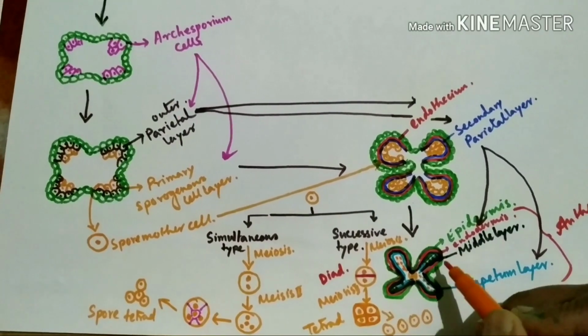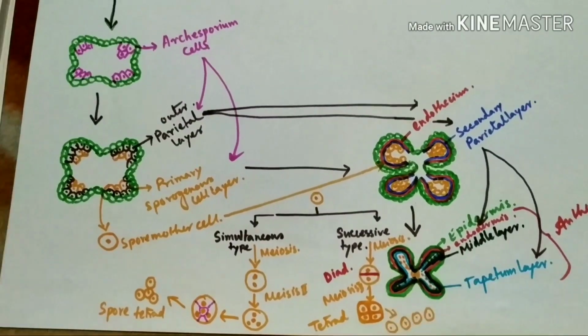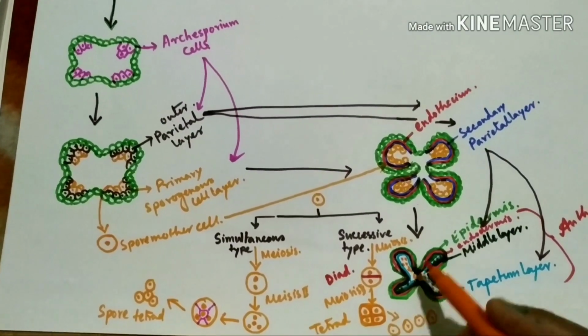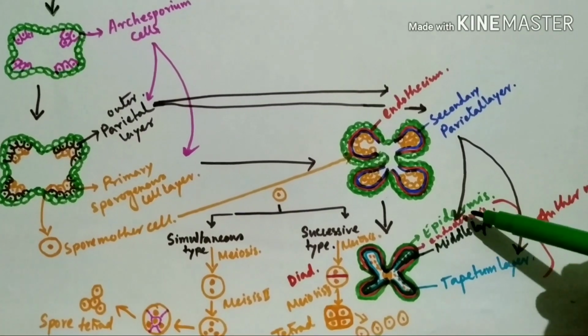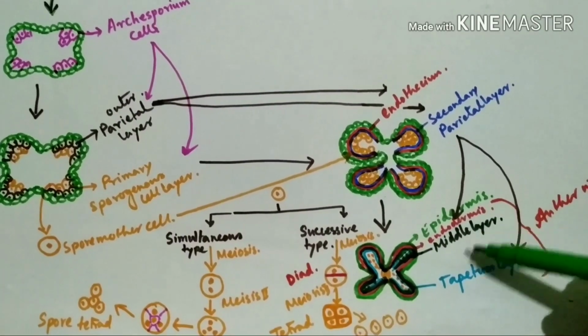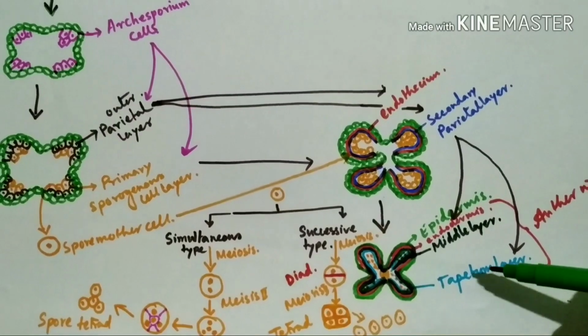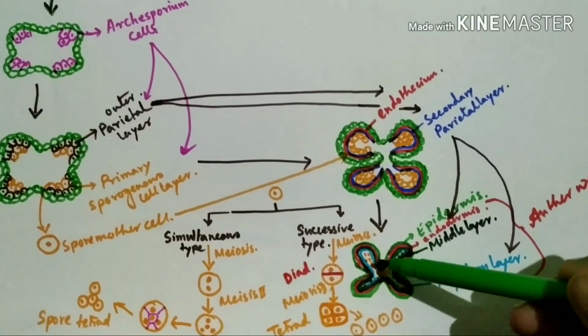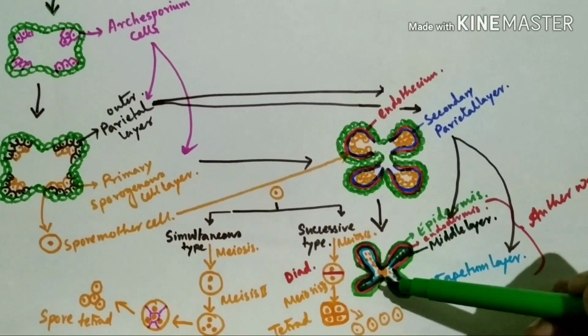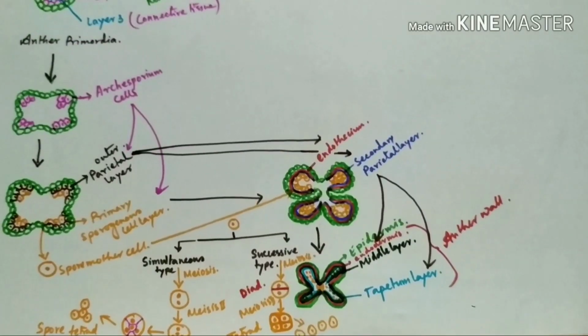So this is a mature anther where epidermis, endothecium, middle layer and tapetum are present, and pollen grains are present within this pollen sac. So this is all about anther development.